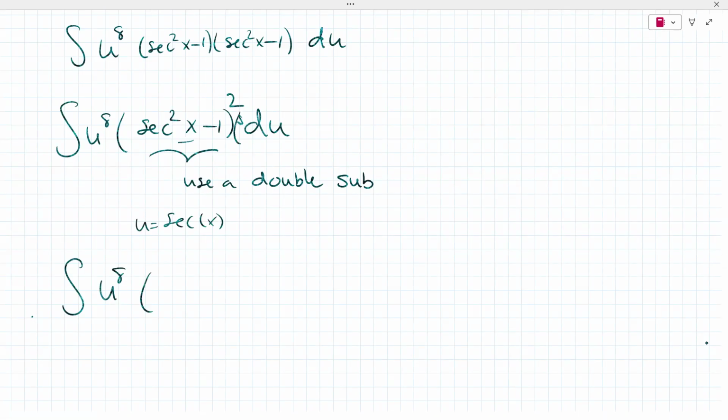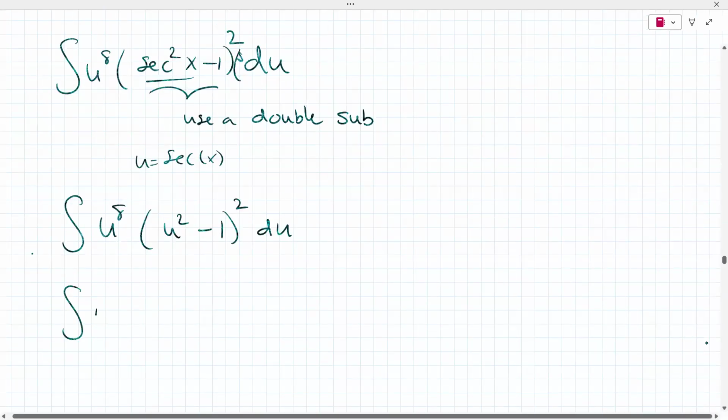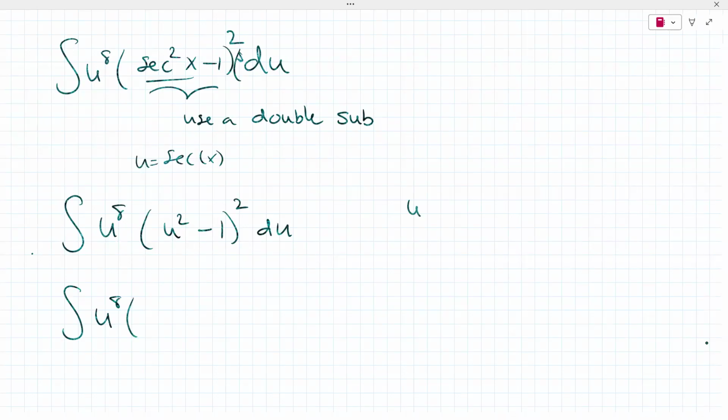So you're going to replace this with u squared minus 1, and then to the second power, du. U squared minus 1 squared is what? U to the 4th minus 2u squared plus 1.